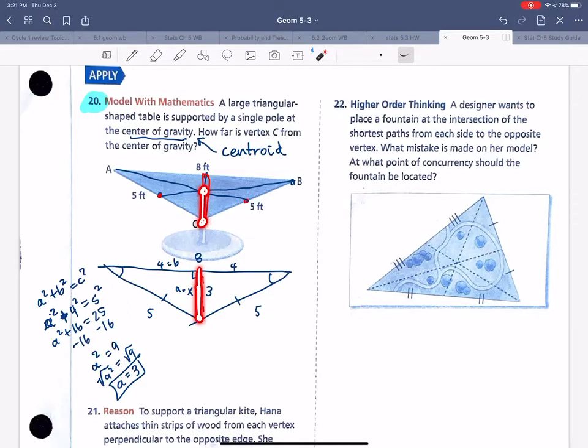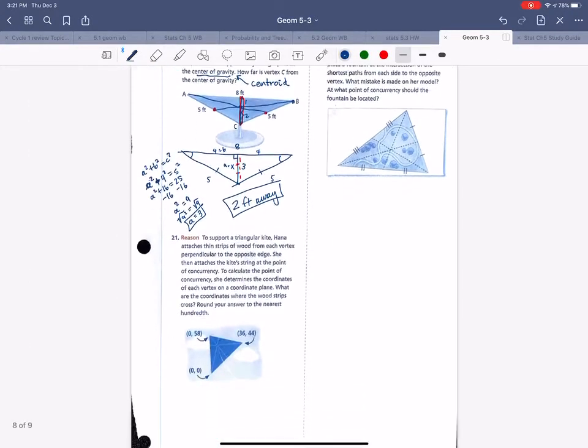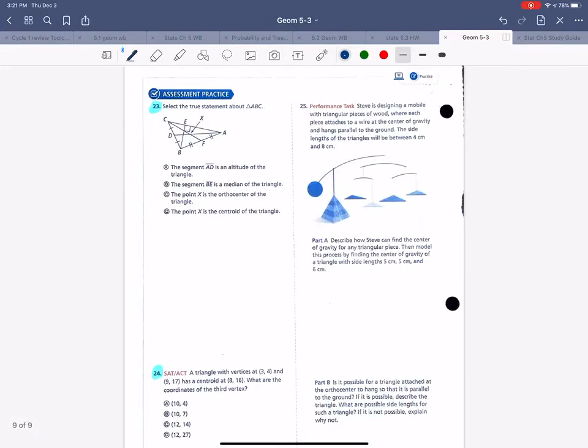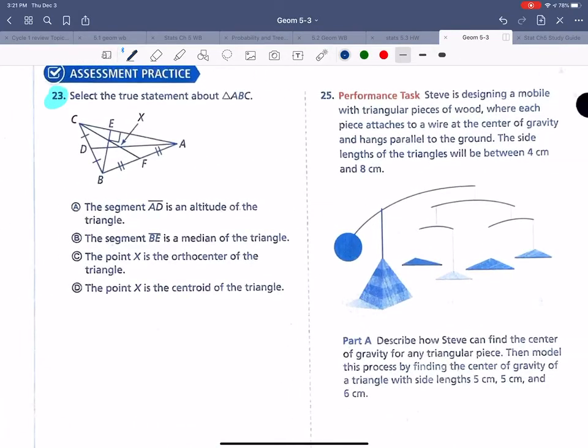So if the whole thing is 3, then it's 1, 2 feet away. 2 feet away. This has to be 2 because this is 1 and the whole thing is 3. Neat question. Okay, last 2 and then we'll go back to the tricky ones.